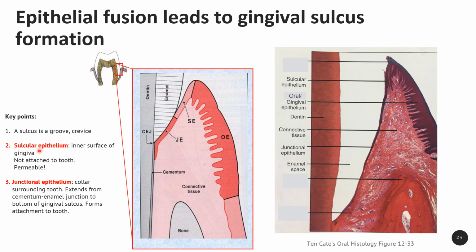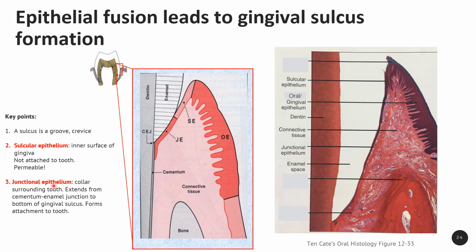So the sulcular epithelium is not attached to the tooth. And this is a permeable type of epithelium which will allow fluid and immune cells and cytokines into the connective tissue here, further encouraging an immune or inflammation response in a non-healthy situation.